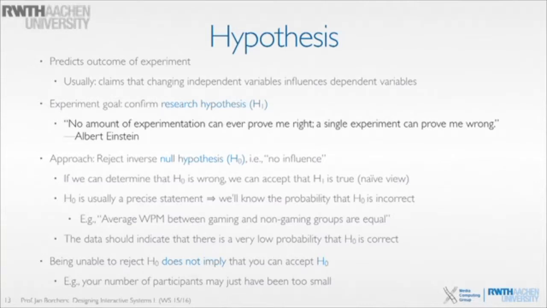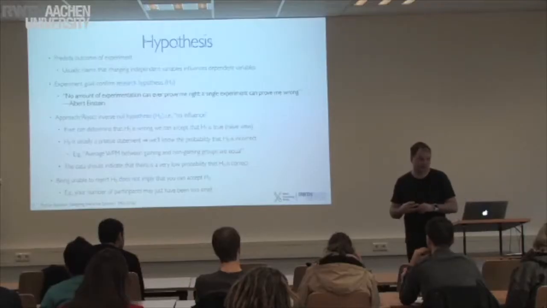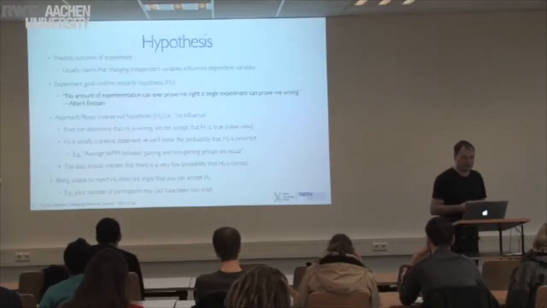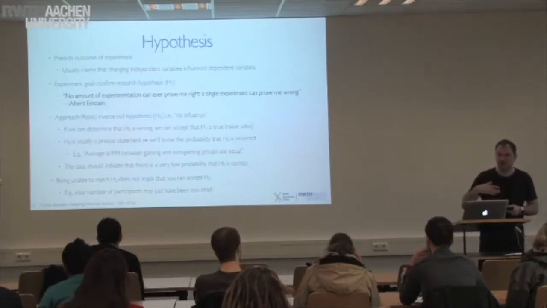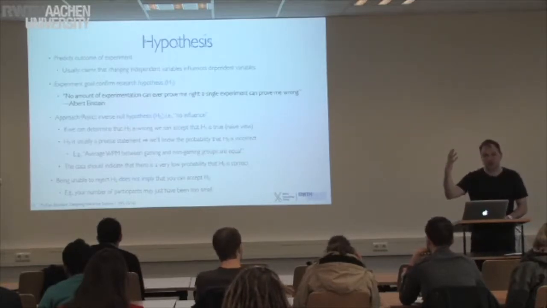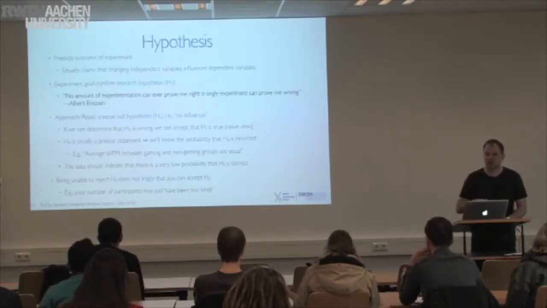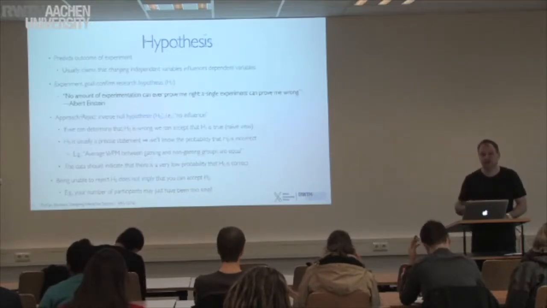You can't show that the average words per minute between gaming and non-gaming are different. That doesn't mean that you can accept the null hypothesis, because the number of people might just be too low, so it's statistically irrelevant. You haven't actually gotten to a significant result. So be careful if your experiment fails. Don't just say, oh, I've shown the opposite of what I was trying to show. You haven't. You've just failed to show what you were trying to show. That doesn't automatically give you the inverse result reliably.